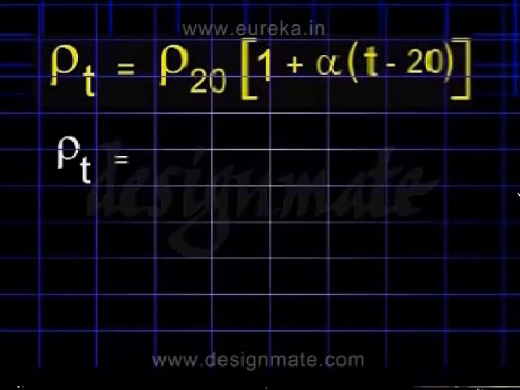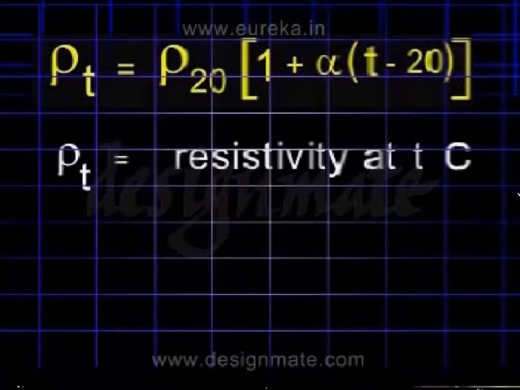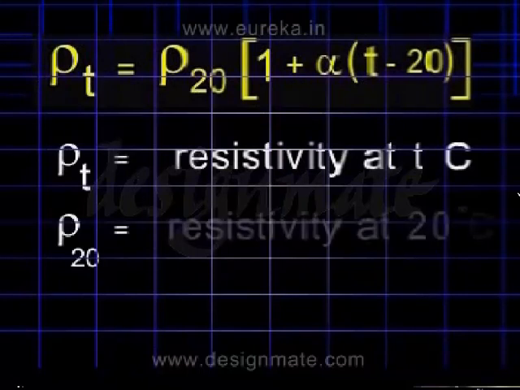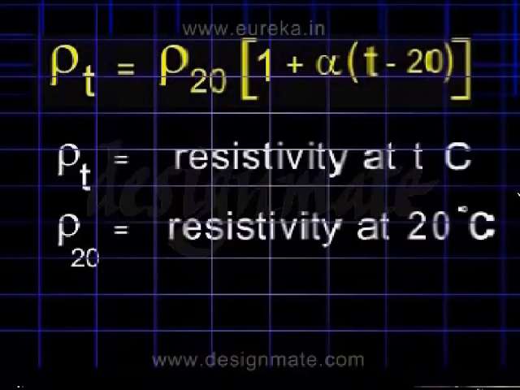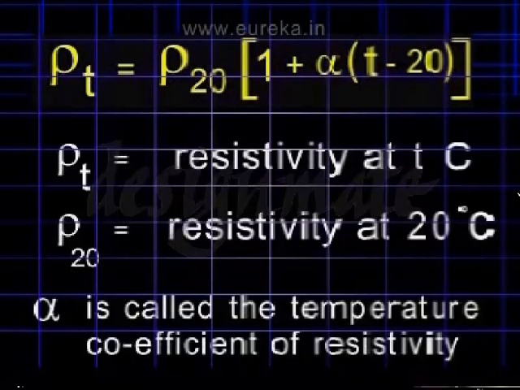Here, rho_T is the resistivity at T degrees Celsius temperature and rho_20 is the resistivity at 20 degrees Celsius temperature. Alpha is also called the temperature coefficient of resistivity.